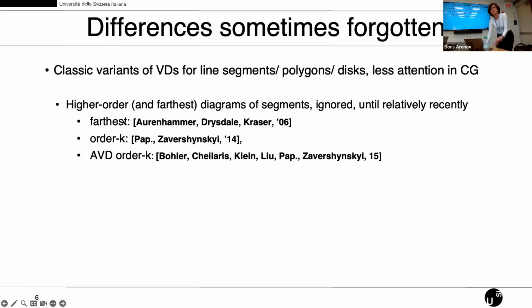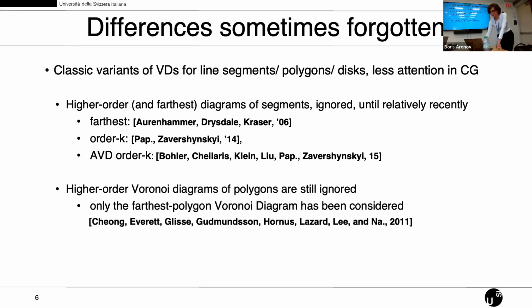Then the order-k variant, even for abstract Voronoi diagrams, was only defined in 2015. Higher order Voronoi diagrams of polygons still have not been considered. Only the farthest polygon Voronoi diagram has been considered so far.